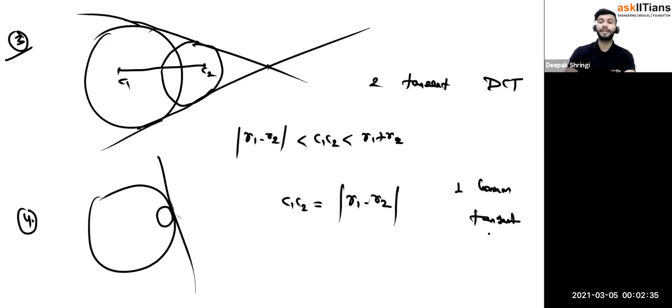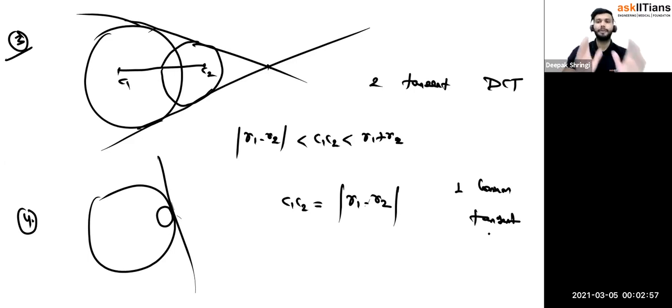So over here, when I'm writing R1 minus R2, I don't know which one is more, right? Maybe R2 is more, maybe R1 is more. I'm not sure which one would be more. So that's why we are putting a mod, so that we can make it positive.